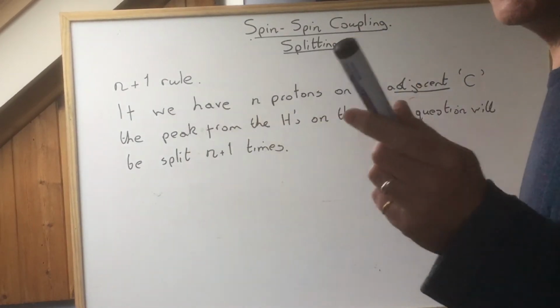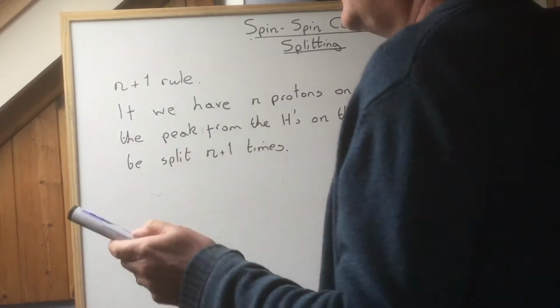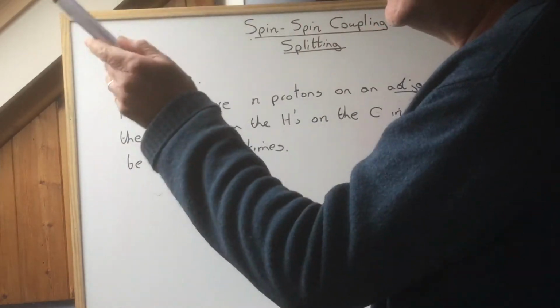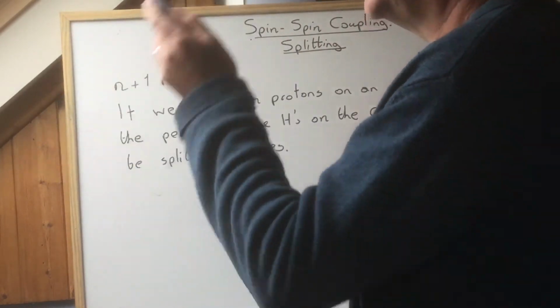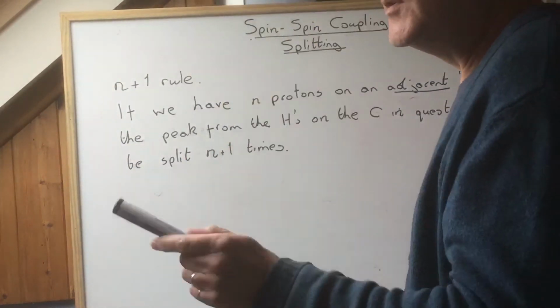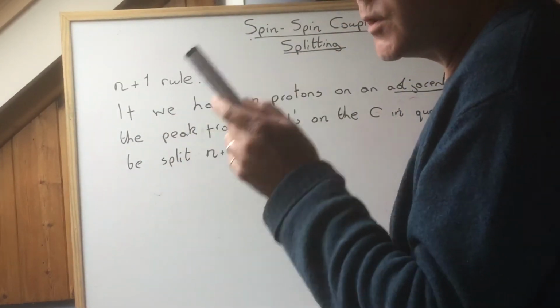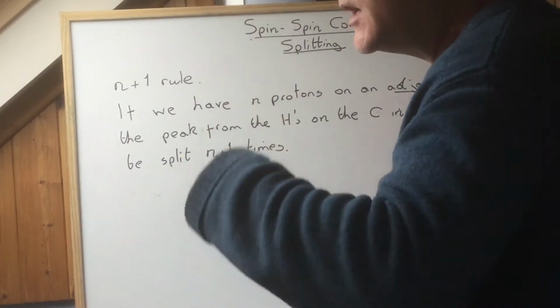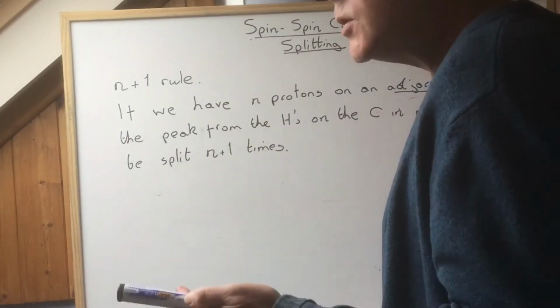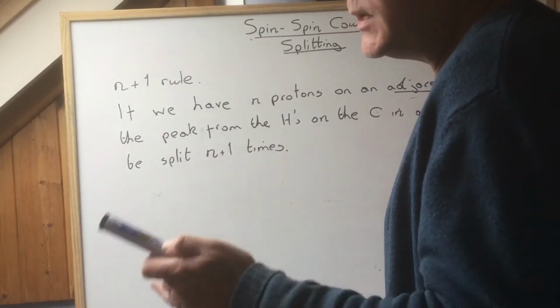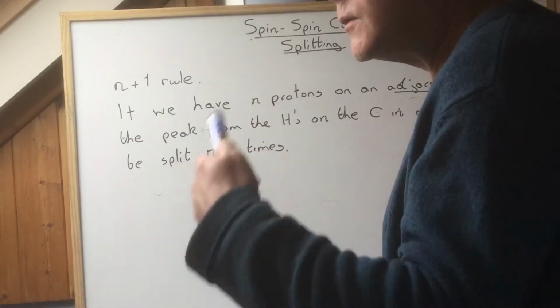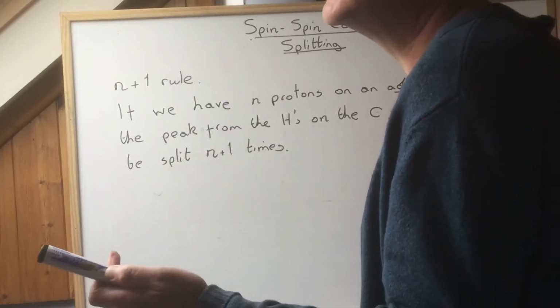The whole thing is you look at the protons on a particular carbon, and then you look at the carbons next to it, adjacent, and if they have protons on them, they will interfere and split the low resolution peak of the protons of the carbon that you are looking at.